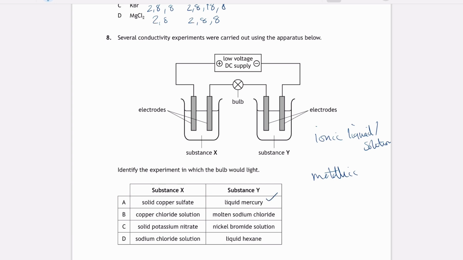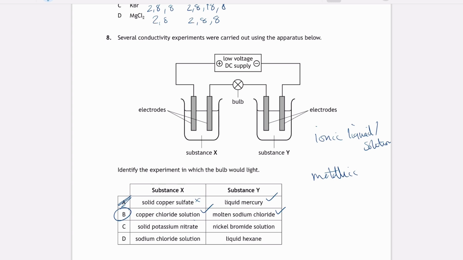But copper sulfate is ionic because that's a mixture of metals and non-metals, but because it's a solid, that's not going to conduct electricity, so the bulb's not going to light up here. Copper chloride, that's also a metal and non-metal, so that is ionic. That's a solution, so that will conduct. Sodium chloride, again, a metal and a non-metal. It is molten, so that's essentially a liquid, so that would conduct. So B should light the bulb up.